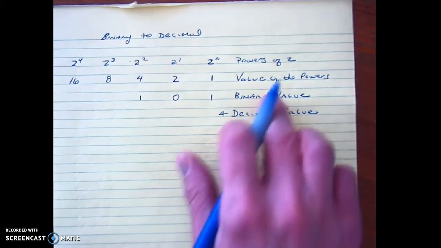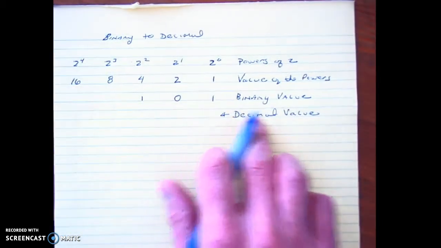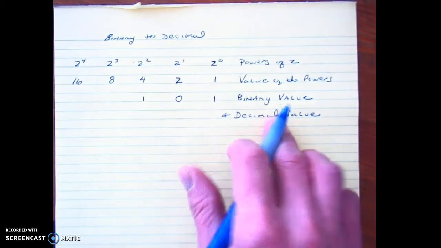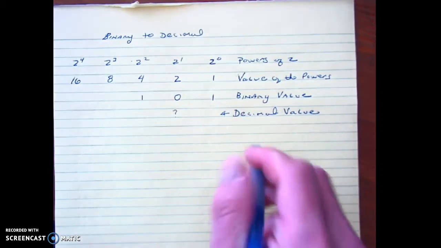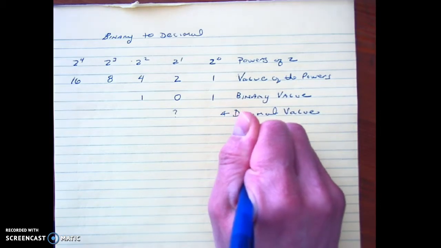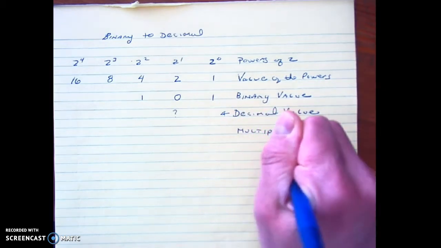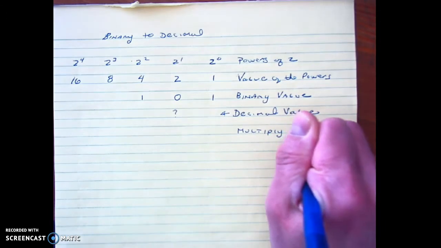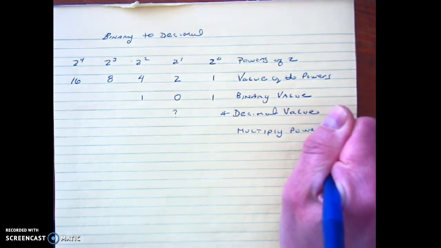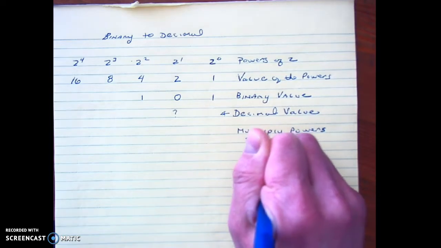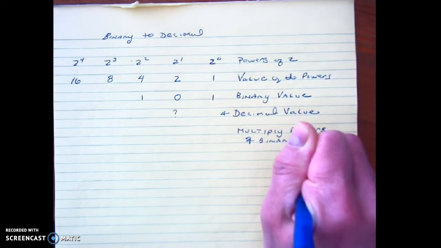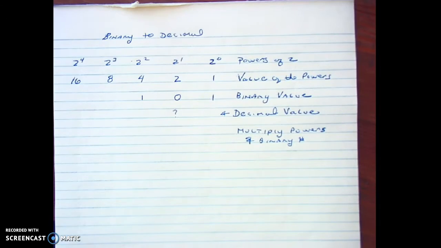So when we get the binary value, we have to multiply to get this decimal value. This is still unknown. So what we're going to do is multiply the powers and the binary value, the binary number. Pretty straightforward.